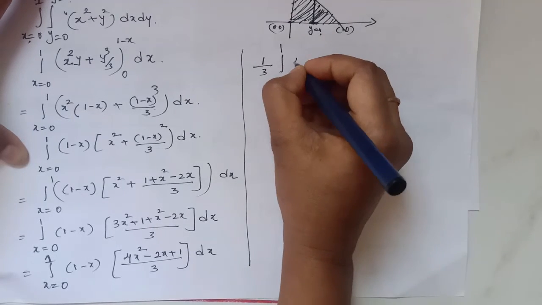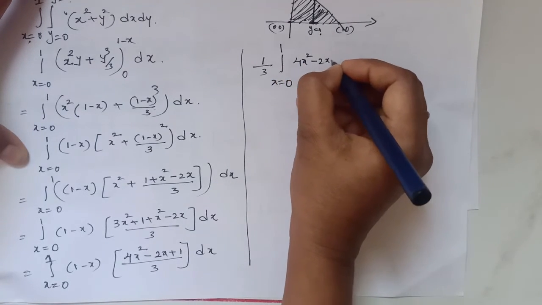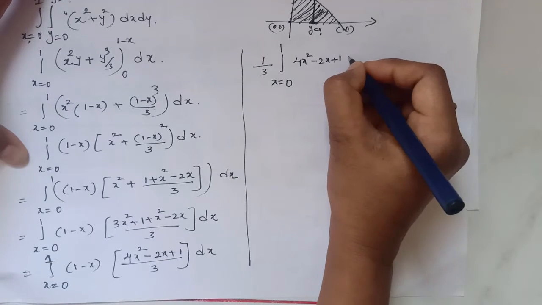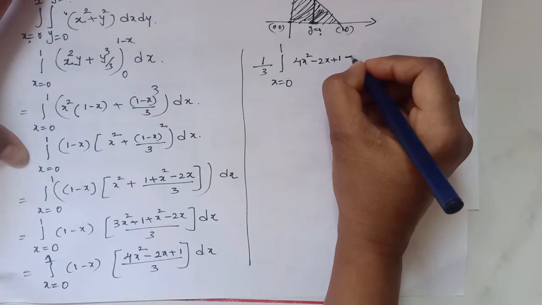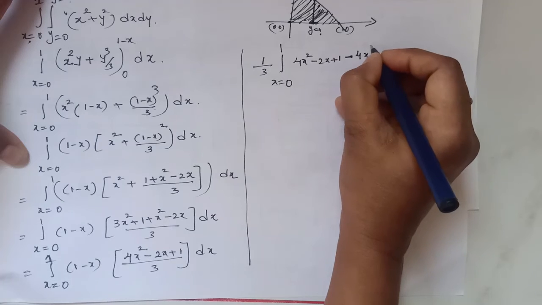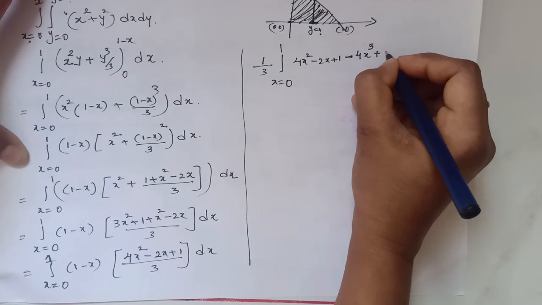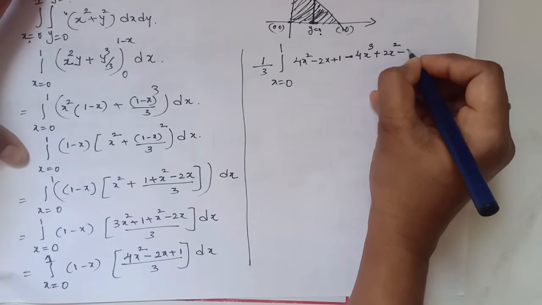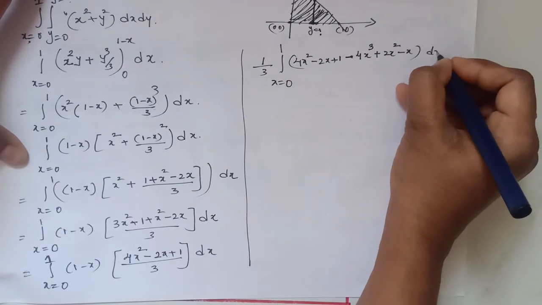1 into 4x square minus 2x plus 1 minus 4x square into x is 4x cube minus of minus plus 2x square minus x into dx.